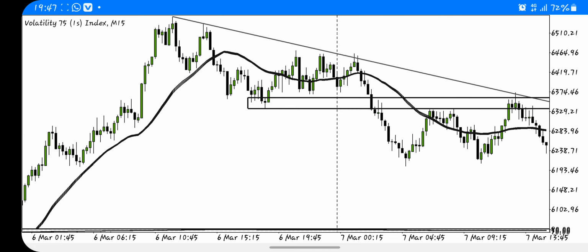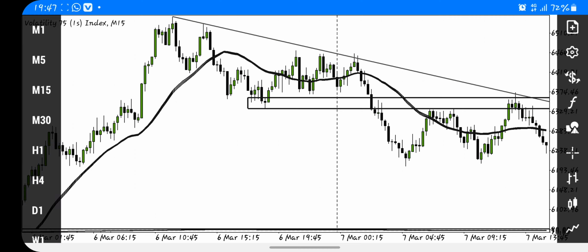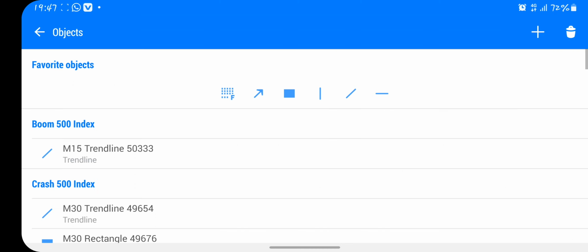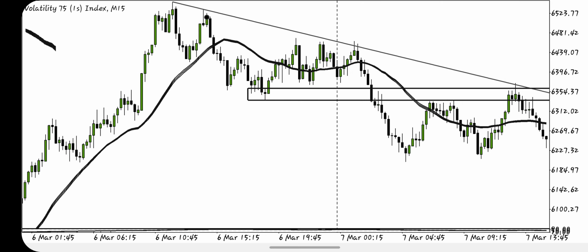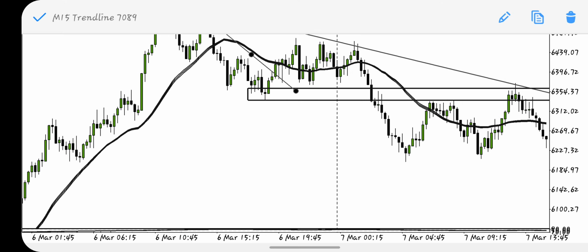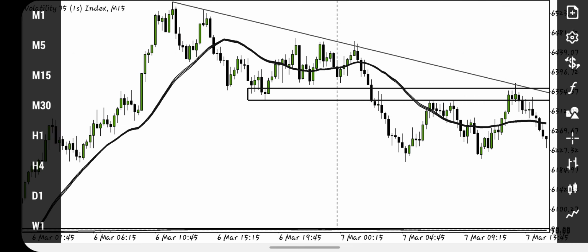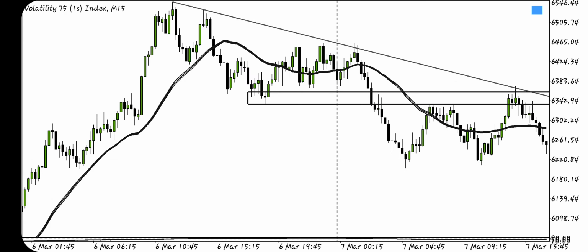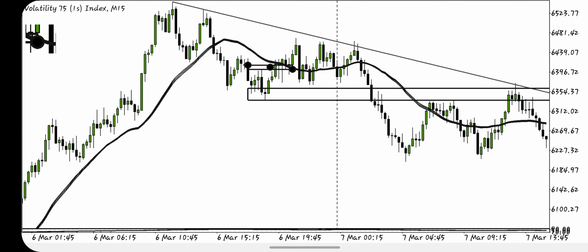For us to have a valid support and resistance, which some people like to call the demand and supply area, as you can see from this platform here, we're in a downtrend, which means you're supposed to have lower highs and lower lows.